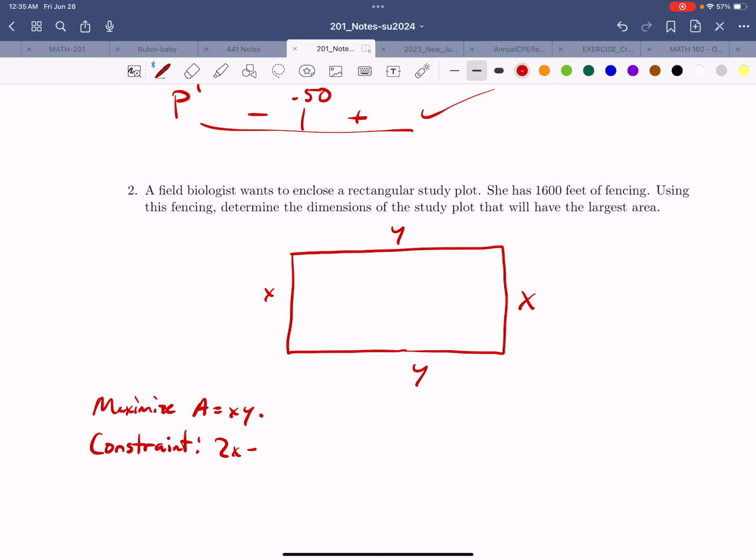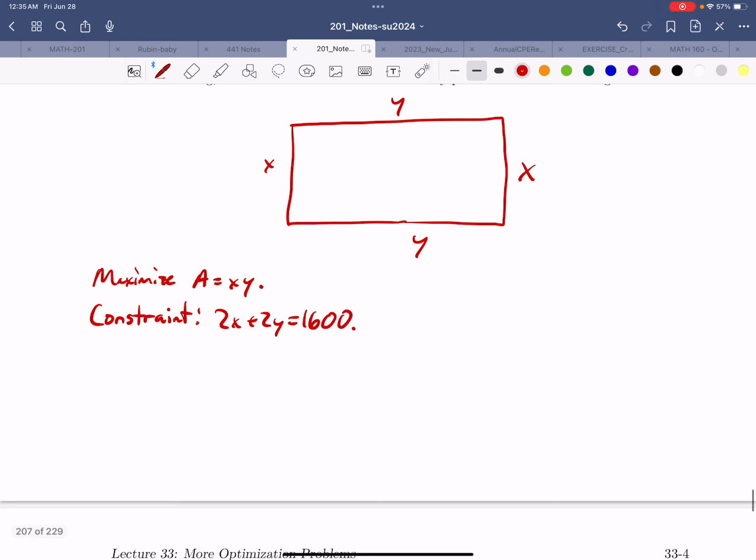So that's 2x plus 2y equals 1,600. And that means y equals, if we divide both sides by 2, x plus y equals 800, subtract x, we get 800 minus x.